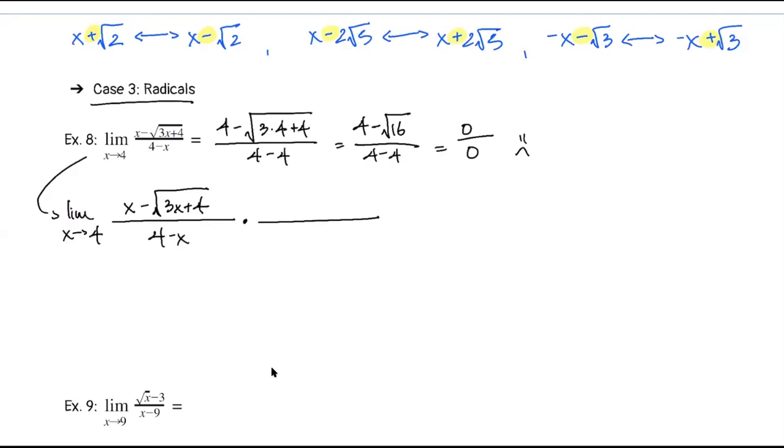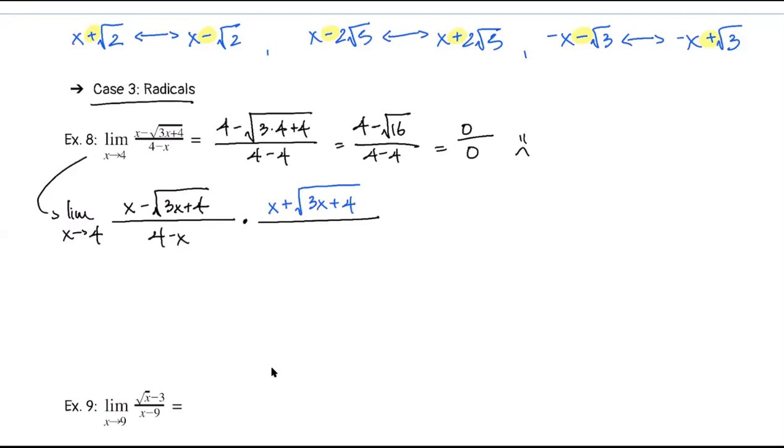Thea, thinking ahead to how this might apply to our question down here, the conjugate of our numerator is x plus the square root of 3x plus 4. So x plus the root of 3x plus 4.